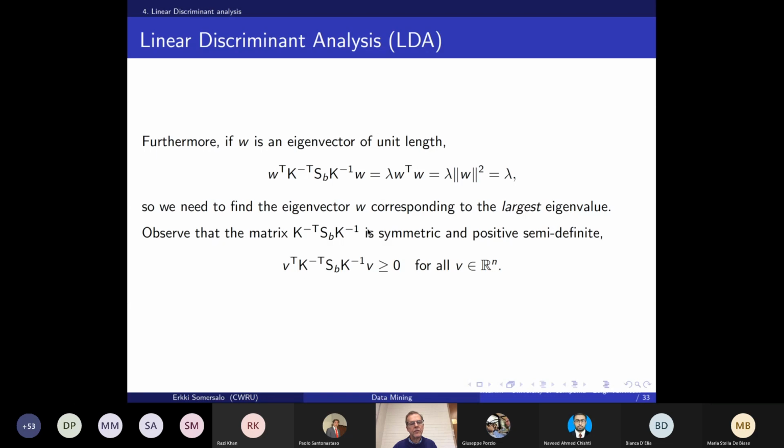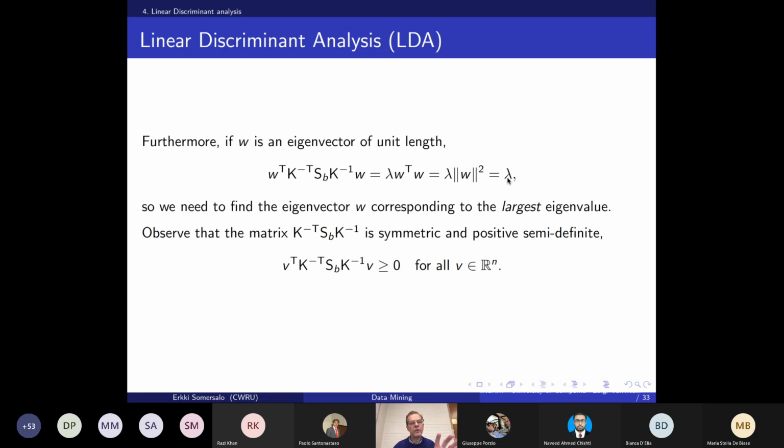What we are using this theorem for is that we have reduced the problem to finding an eigenvector for the matrix that we know here, and we need to choose the eigenvector which corresponds to the largest possible eigenvalue, which is real.